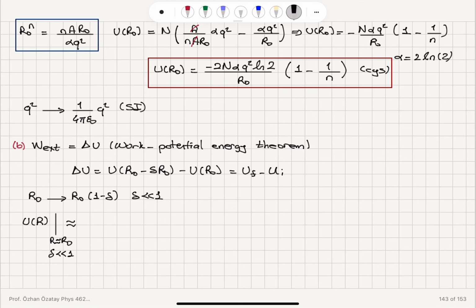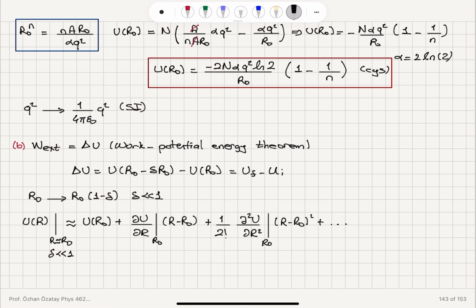I will find the following approximation using a Taylor series expansion. It's the potential energy evaluated at R0, plus the derivative of potential energy, del U del R evaluated at R0, multiplied with (R minus R0), and we have 1 over 2 factorial times the second derivative of potential, del squared U del R squared evaluated at R equals R0, times (R minus R0) squared, and then there will be higher order terms.